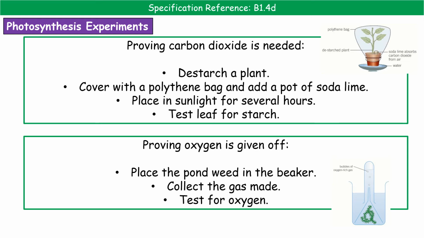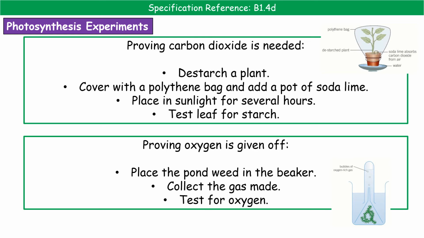The last one, to prove that oxygen is given off, is a different experiment. It's not very easy to catch oxygen from plants that grow on land. So instead we use aquatic plants, we use pondweed. Now what we do here is we put our little bit of pondweed in a beaker with water. You put a funnel over the top of it, because that just means the bubbles are going to be directed to a narrow column.